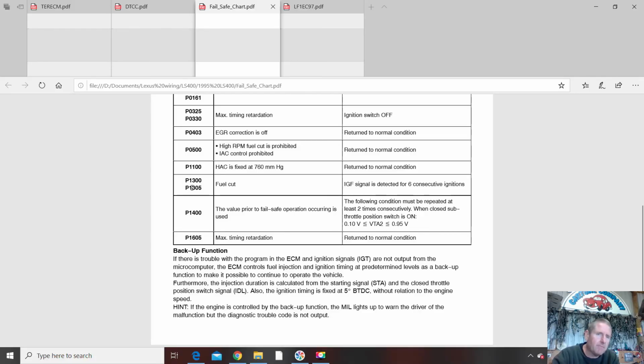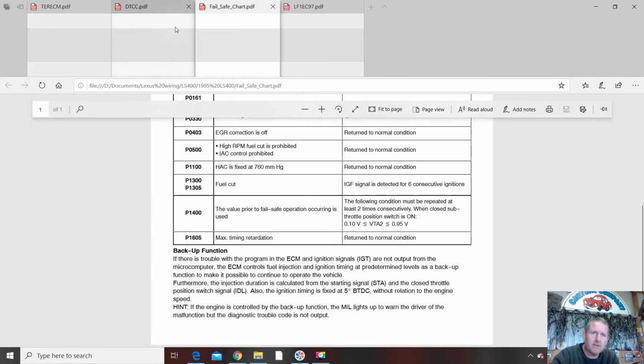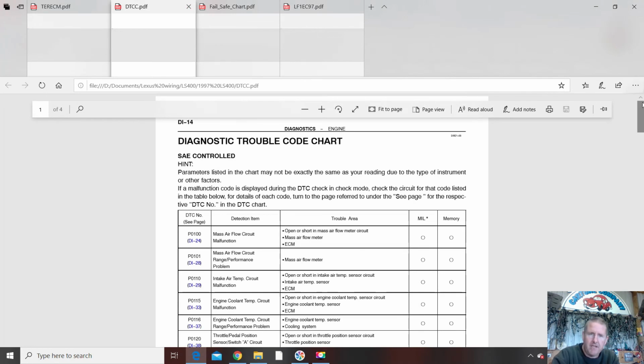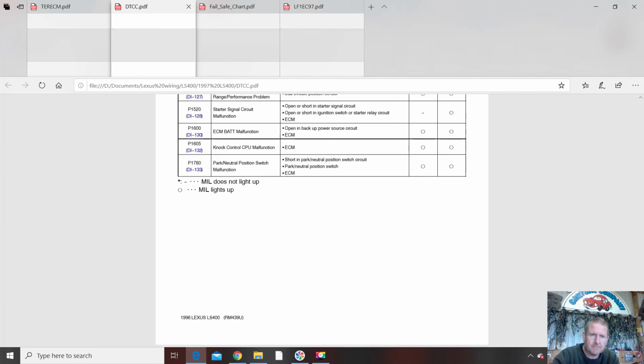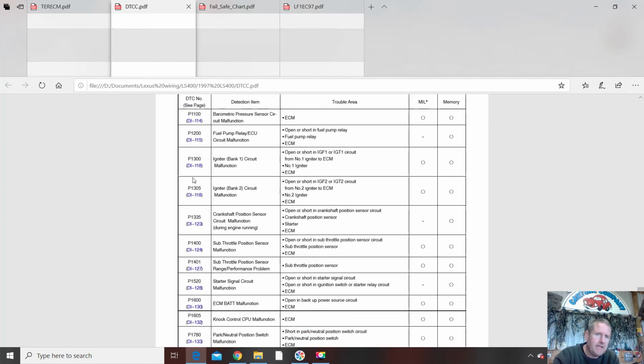So we can see here we've got P1305. We go down here, P1305. So here, P1305, igniter, bank 1 circuit malfunction.